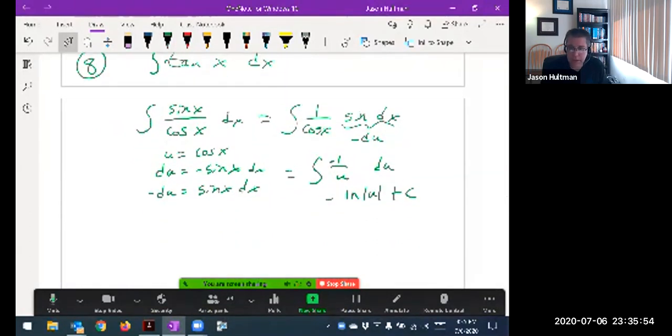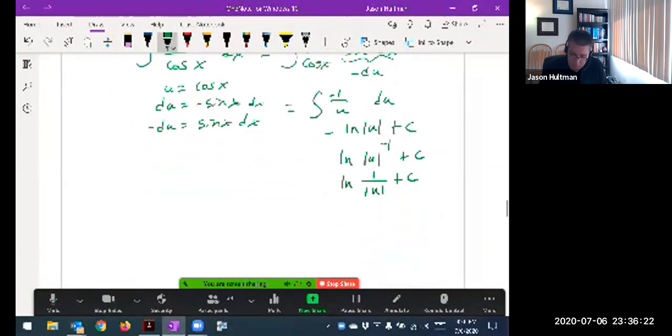Let's use a property of logs to simplify this. So this is the natural log of the absolute value of u to the negative first power plus c. Isn't that the natural log of 1 over the absolute value of u plus c? Yep.